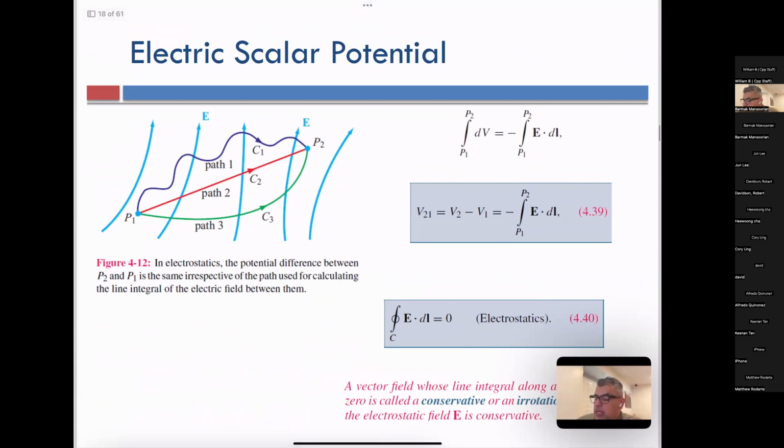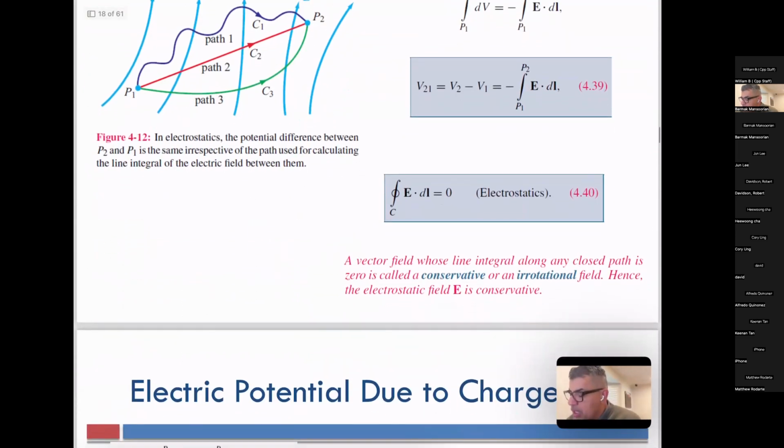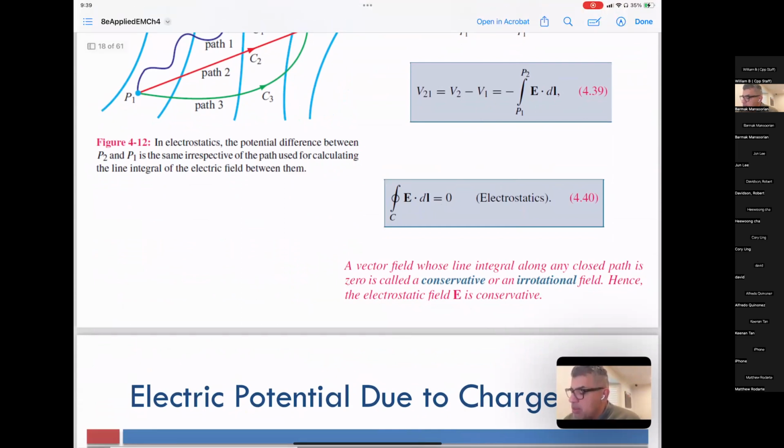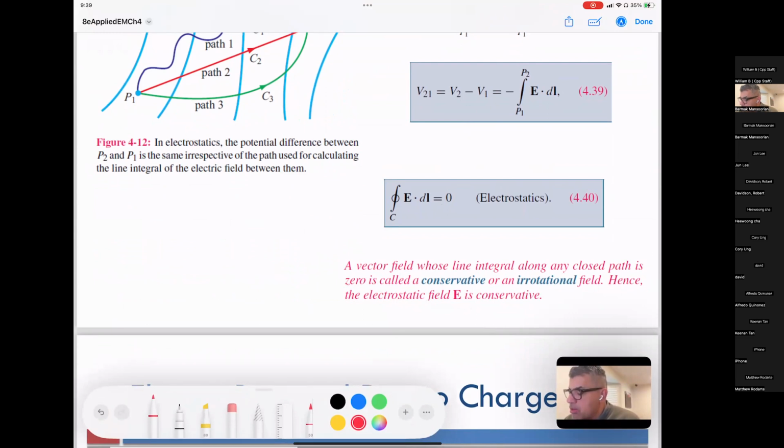The reason we can do that, and I don't like this slide because it's implying the reverse, is that, luckily, the electric field is conservative.